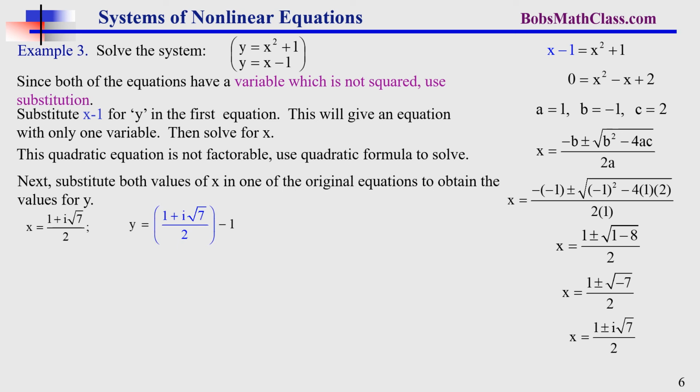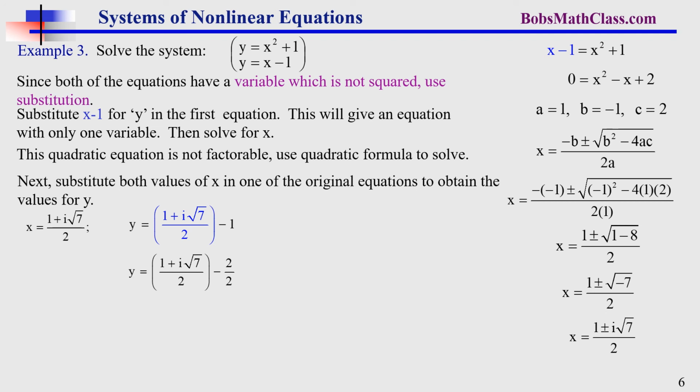And instead of x, you're going to replace the x with 1 plus i square root 7 over 2. Now we've got to combine that. There's a minus 1 in the end. It needs to have the same denominator. So you're going to rewrite 1 as 2 over 2 because the denominator in the first fraction is 2. So 1 plus i square root 7 over 2 minus 2 over 2.